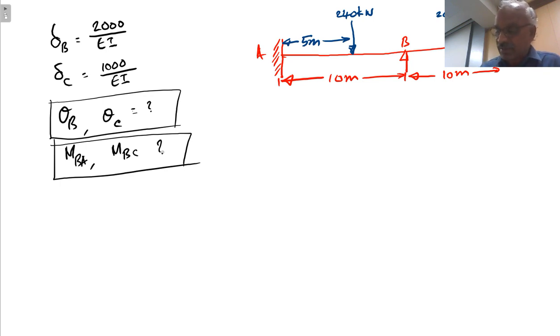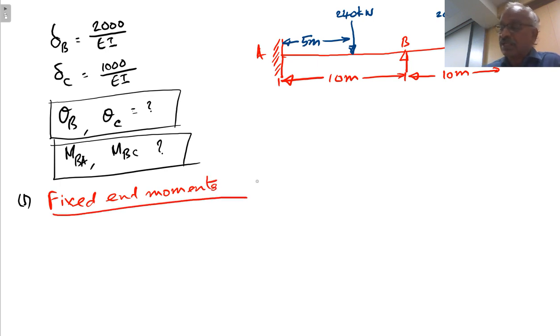Now we will do the problem. We know the first step is the determination of fixed end moments. To find the fixed end moments, we assume AB as a fixed beam subjected to a central concentrated load.